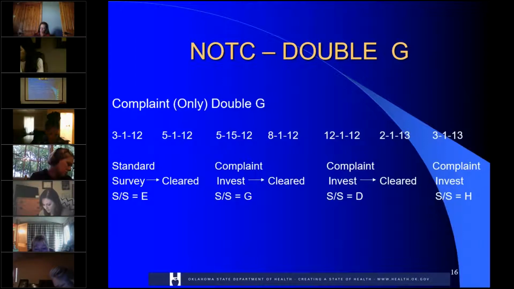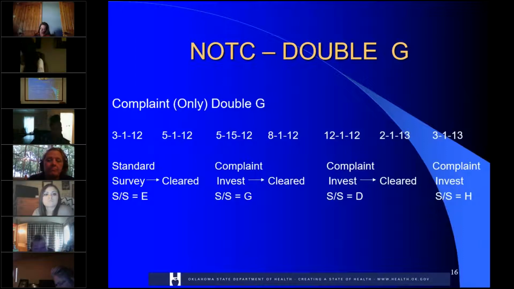Yeah. Okay. Here is a complaint only double G. Okay, so we go out for the standard survey in March at an E, we go back in May, and it clears. A few days later, on the 15th of May, we go out on a complaint. It is cited at a G. We return in August.